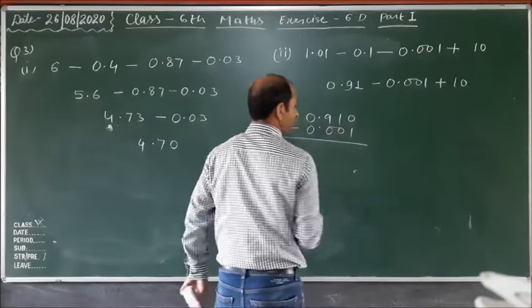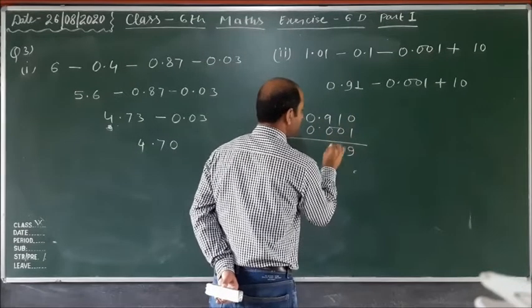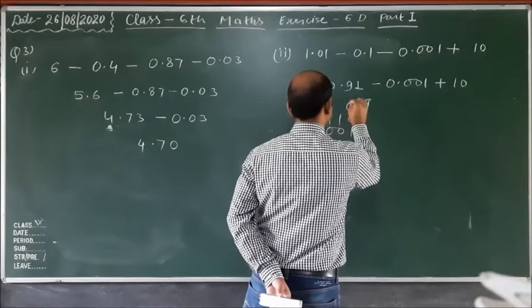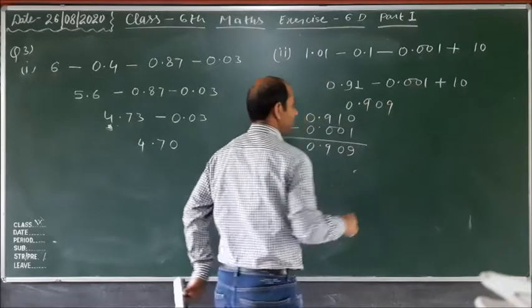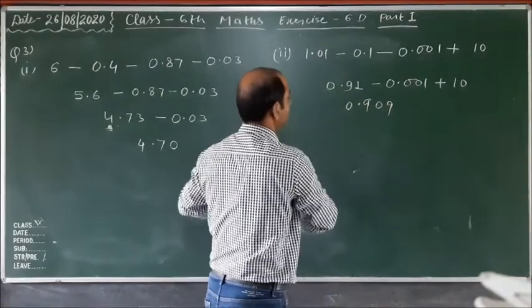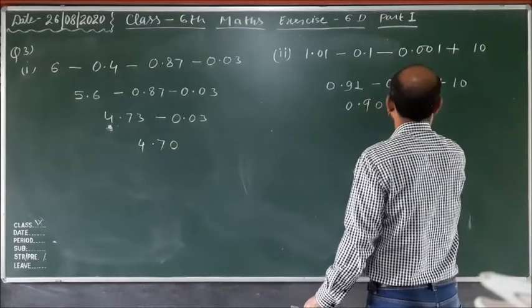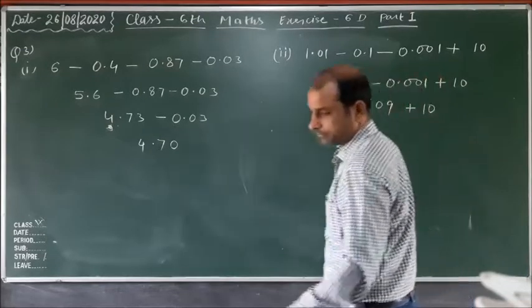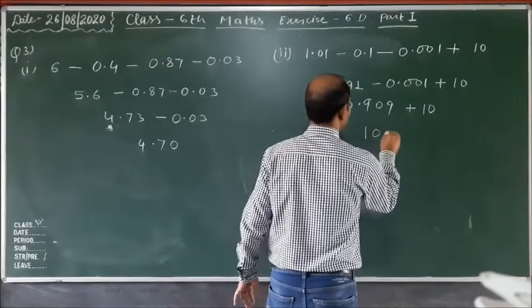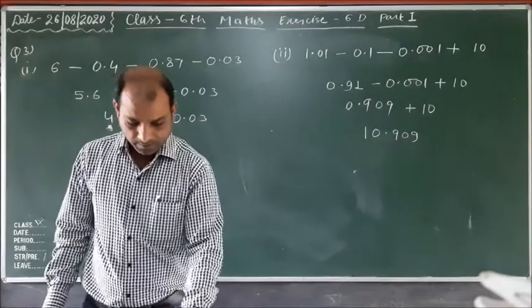Now 10 minus 1 equals 9, and here 0 and here 9, decimal 0. So we write here 0.909 plus 10. Your answer is 10.909. Okay.